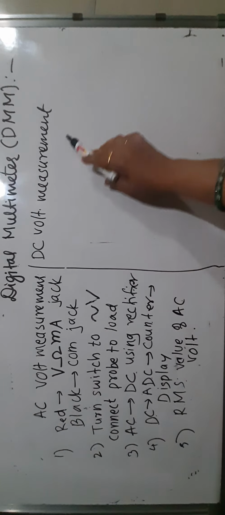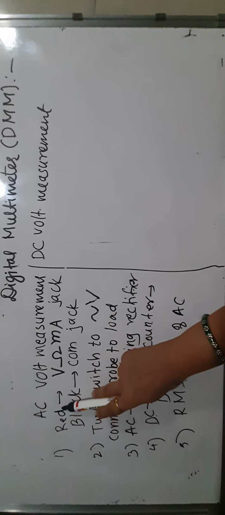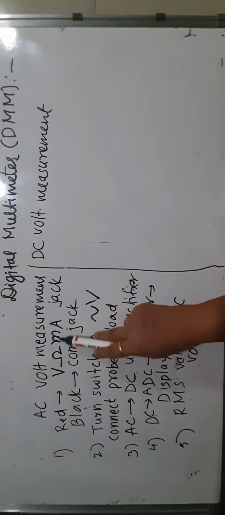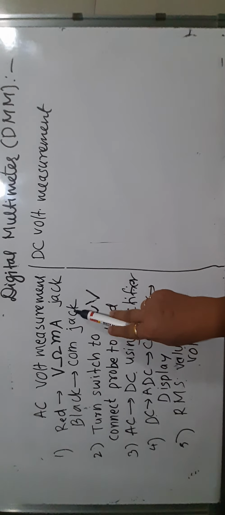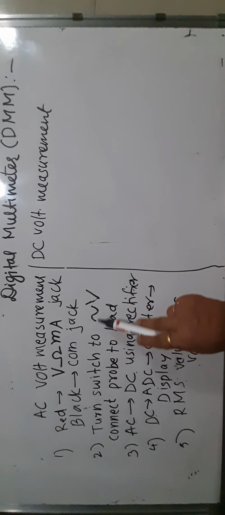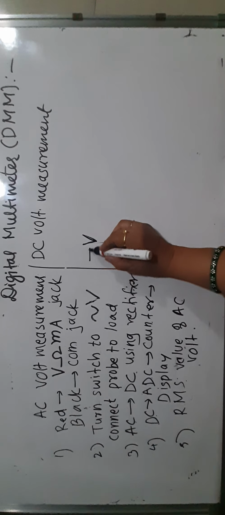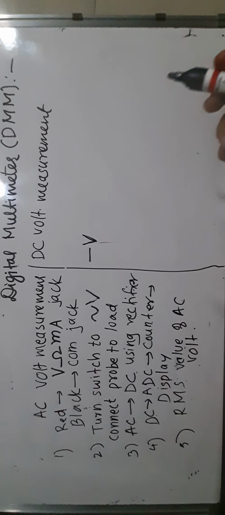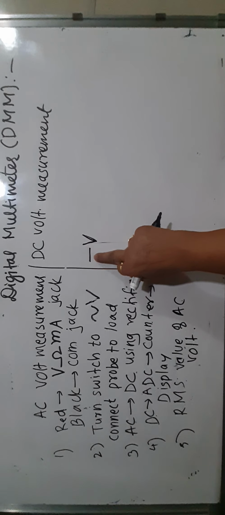Now for DC voltage measurement, step number 1 is the same. Insert the red probe in the volt ohm milliammeter jack, and the black probe in the COM jack. Next, turn the switch to only V, or a straight line. Sometimes a straight line is there which indicates DC voltage.